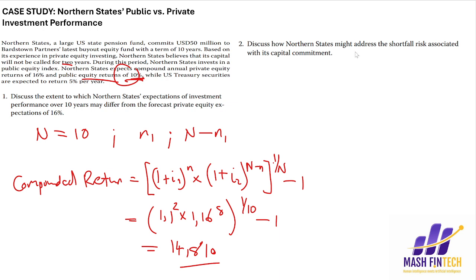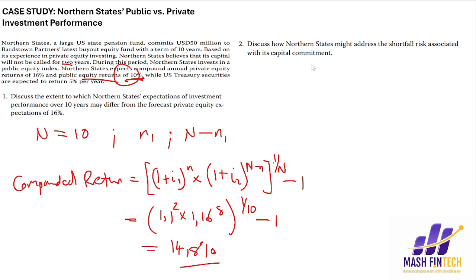Discuss how Northern States might address the shortfall risk associated with the capital commitment. So, to address this shortfall risk, what they can do is invest in public markets.